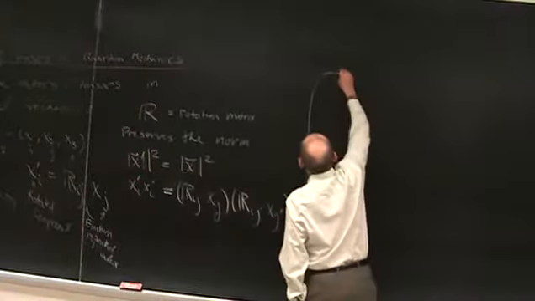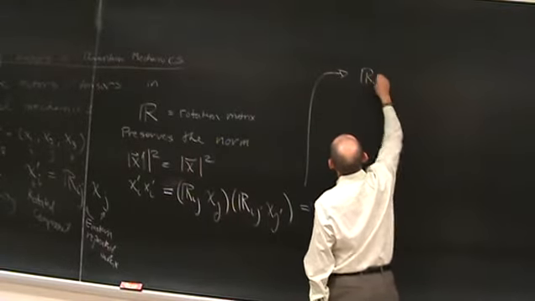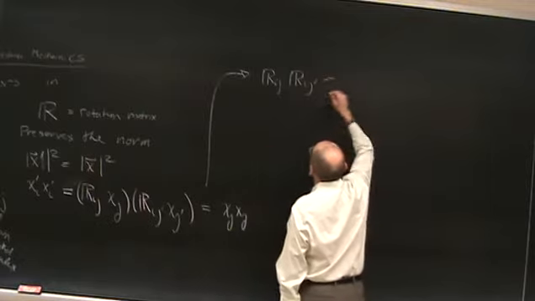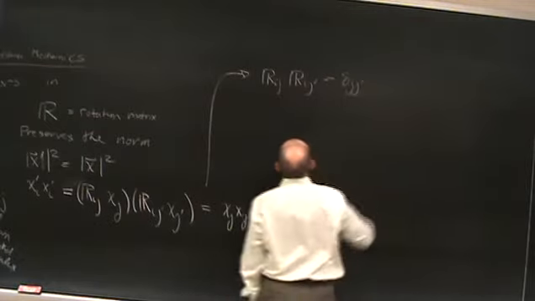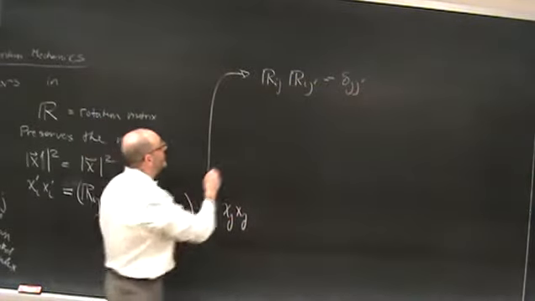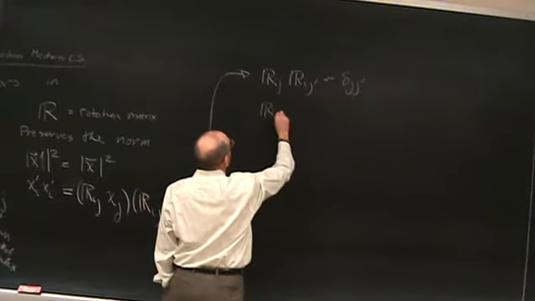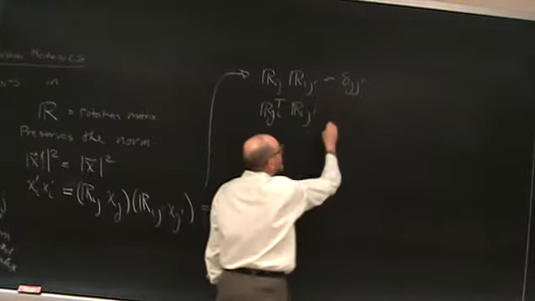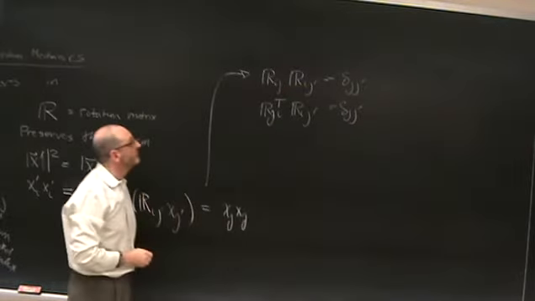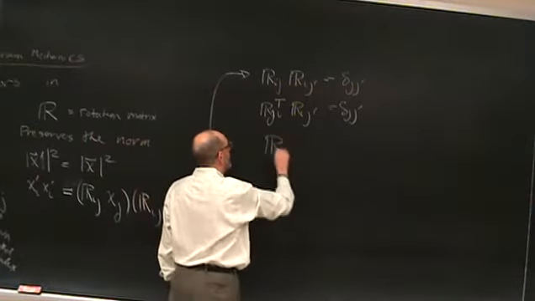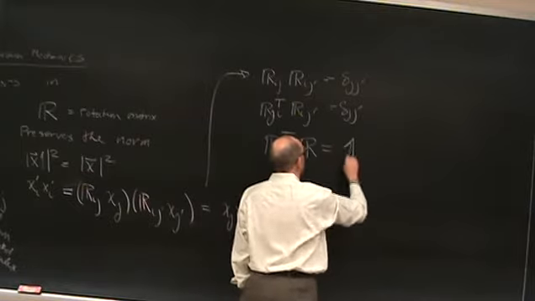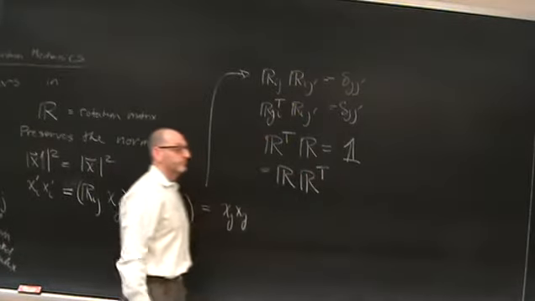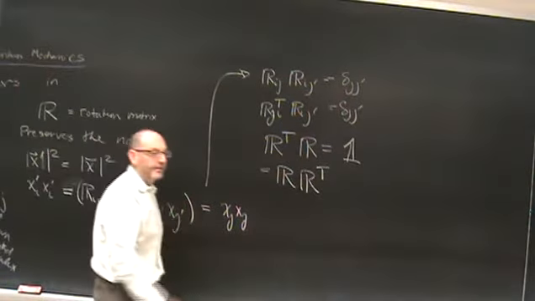Which means that the rotation matrix must satisfy R_ij R_ij' equals delta_jj'. Okay. Which is to say, this is of course equal to R_ji transpose R_ij', is delta_jj', which is to say that the matrix R times R transpose is the identity matrix. Or equivalently, you can do it the other way around, and it would also be true. Okay? If you sum the matrices differently.